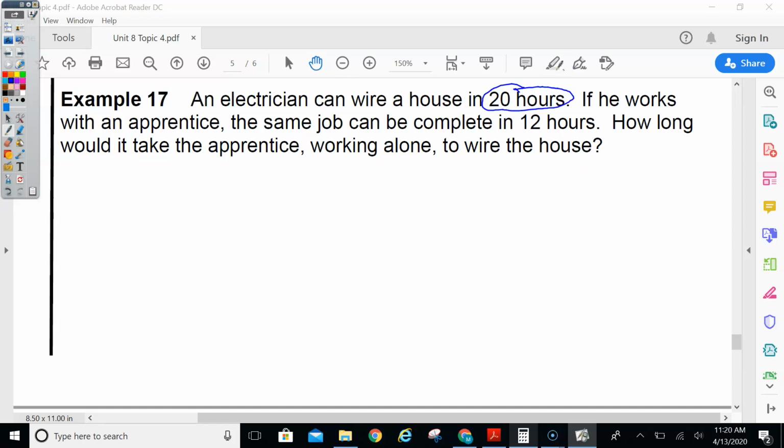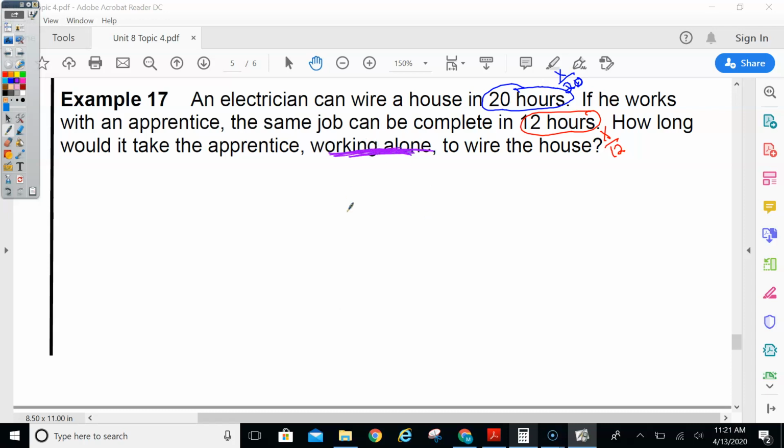So we know this is going to be x over 20. That part's the same. If he works with an apprentice, the same job can be done in 12 hours. So this one right here, 12 hours, is x over 12. But this time the question is, how long will it take the apprentice working alone to wire the house?